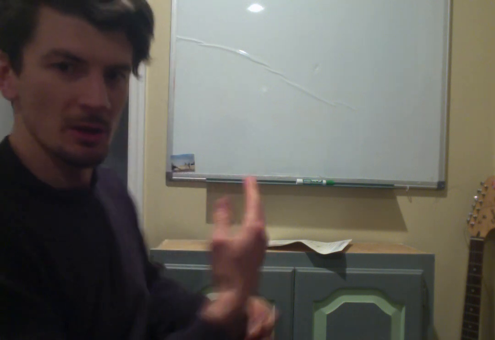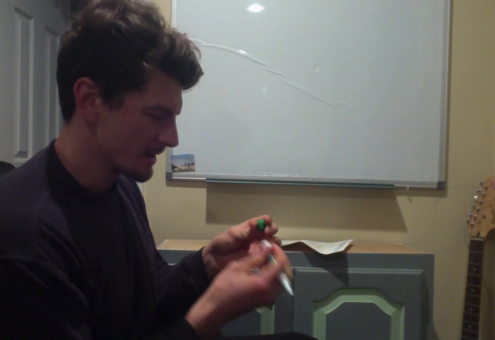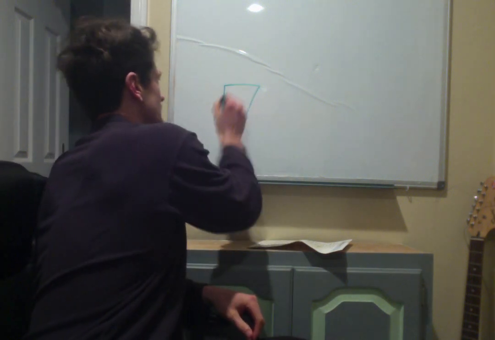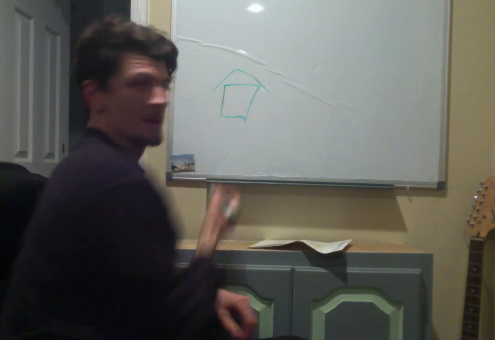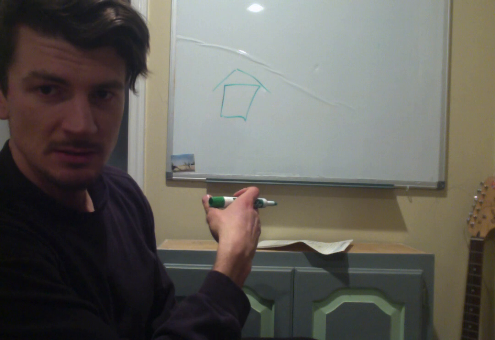I'll do a small little example here on the board if you would like. My nifty little whiteboard that I rarely use, but this is a great time to use it. So we have a house here for rent from the owner. The owner is going to lease us this house, okay?